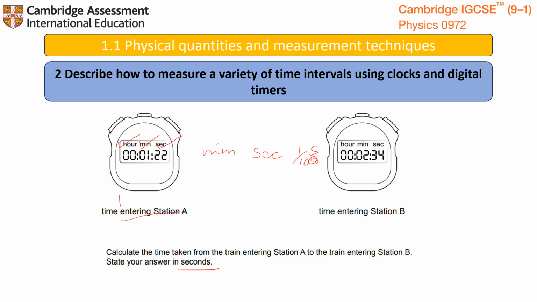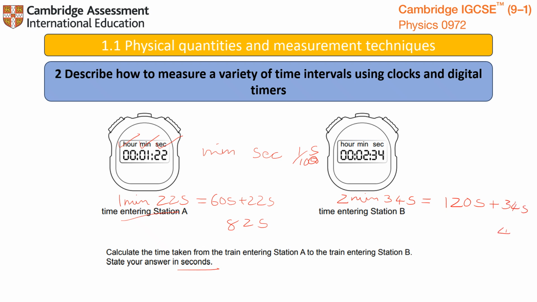So first is 1 minute and 22 seconds, which is equal to 60 seconds plus 22 seconds. This is equal to 82 seconds. And here it is 2 minutes and 34 seconds, which is equal to 2 times 60, 120 seconds plus 34 seconds.